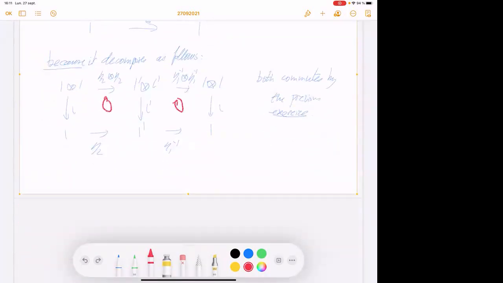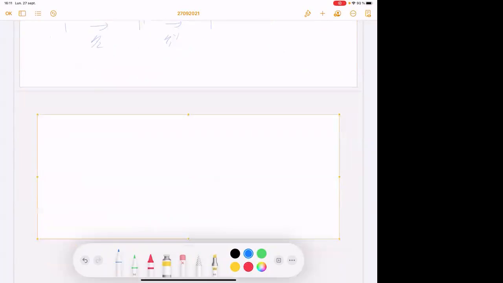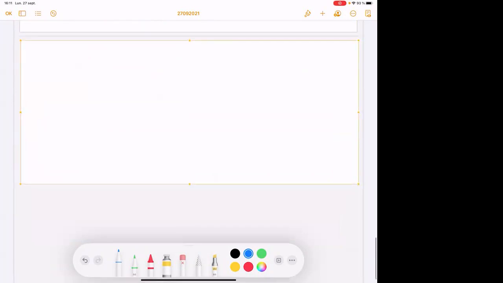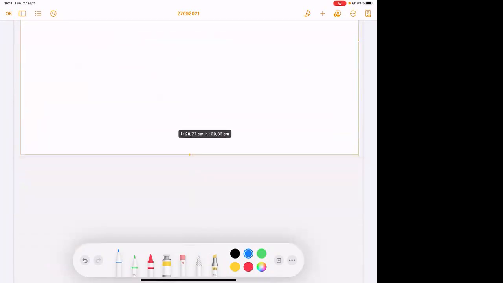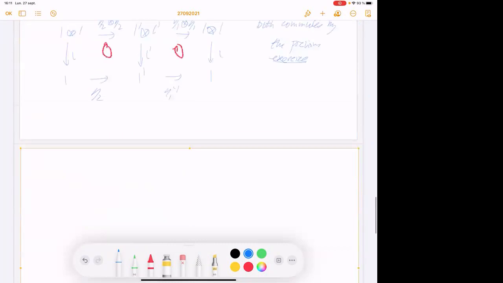It commutes also. So to just retake the autoequivalence R1 here.